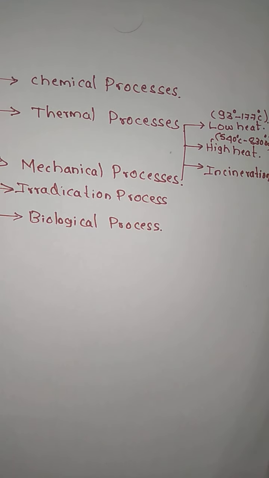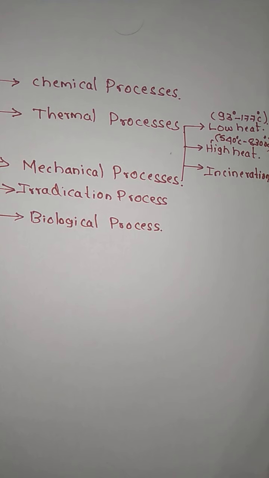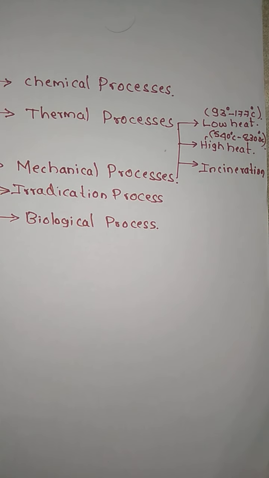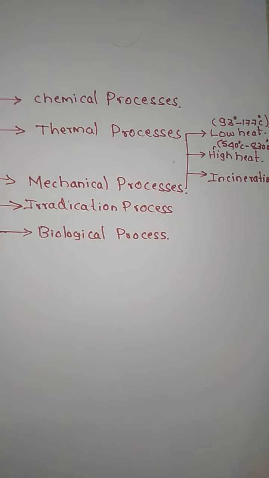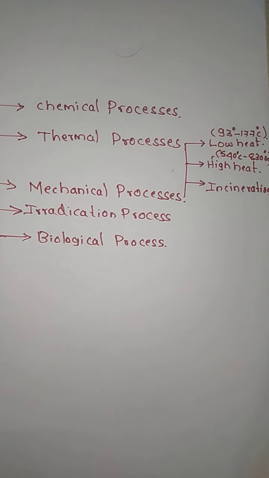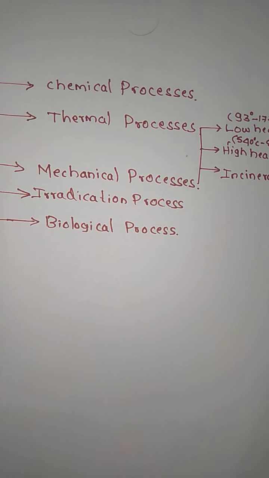But for biomedical waste, as it is infectious, we are not going to send it to a recycling unit. So shredding in biomedical waste is completely for disposal purposes, or to destroy the plastic.